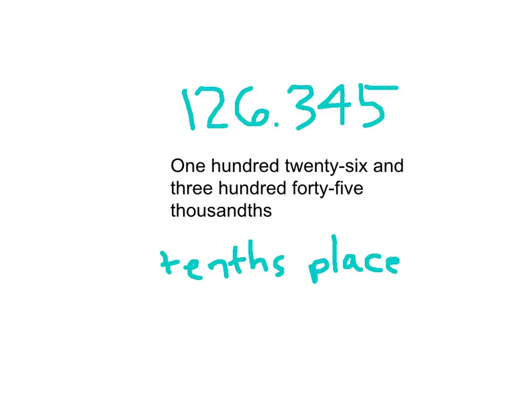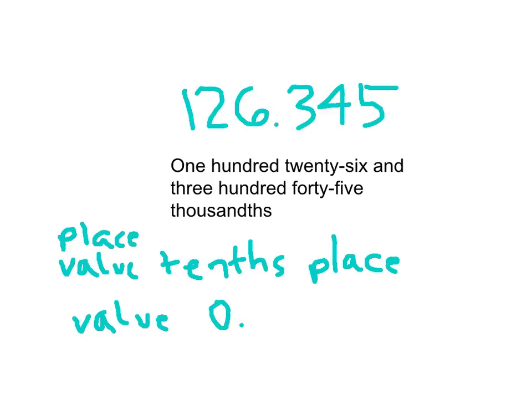So if I asked you where is the digit 3, you would tell me it's in the tenths place. Now, what if I asked you what the value of that 3 is, though? That first question was place value, where the 3 was. If I asked you for the value of the 3, you would tell me it is worth 3/10.